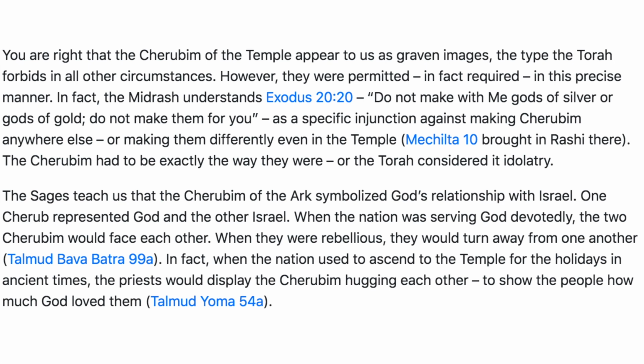The cherubim had to be exactly the way they were, or the Torah considered it idolatry. So the fact that the rabbis acknowledged that if you made another cherubim, if you made it just slightly different, it would become idolatry, shows that they knew that these cherubim are idols. And then they're just saying, well, these are just exceptions, and God ordained them for us.